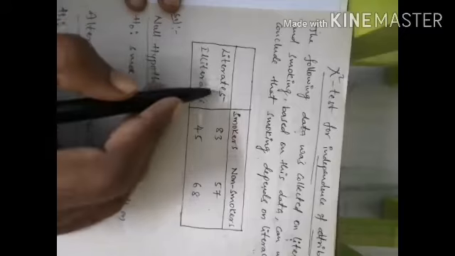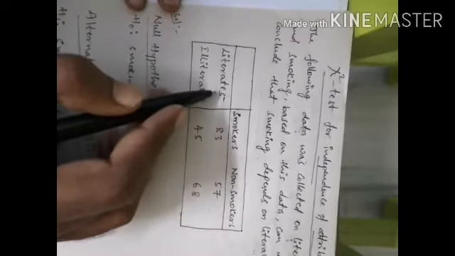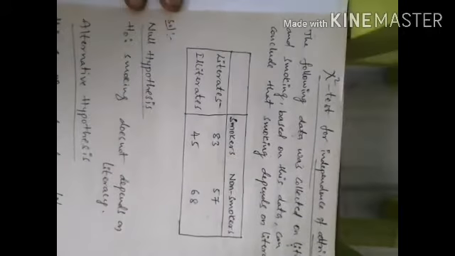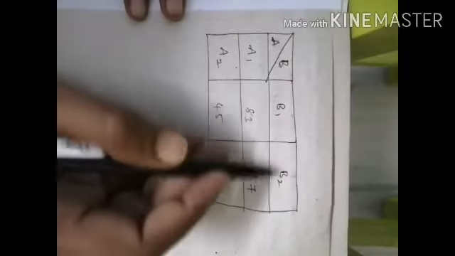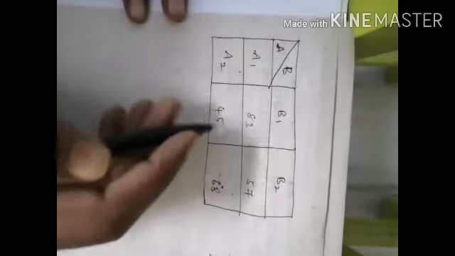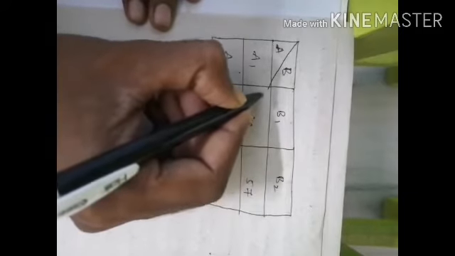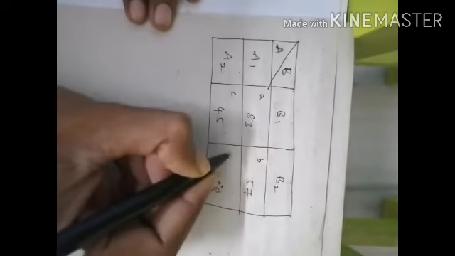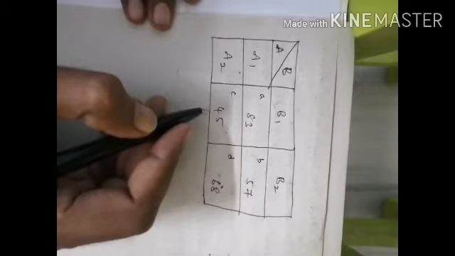So I am representing these literates, illiterates, smokers, non-smokers as symbols or attributes b1, b2, a1, a2. So here in the first cell it is small a, b, c, d. So this is the form of contingency table.